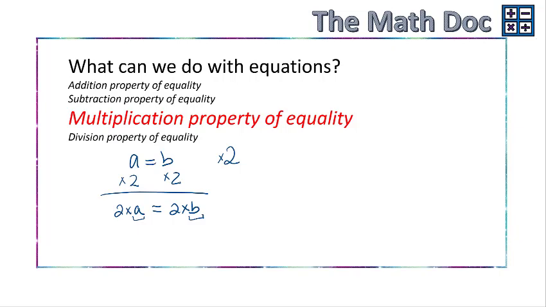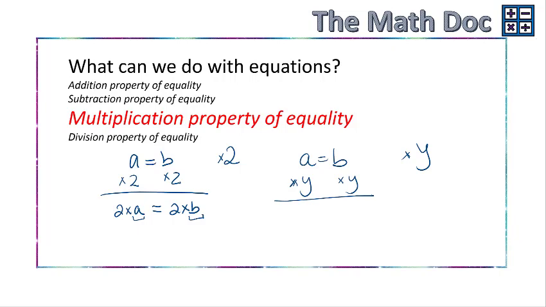We're allowed to multiply, but we have to make sure that we're multiplying both sides of the equality by the same number. Can we multiply by a variable? Well, yes, of course we can. And we can do that right here. A equals B. Now let's multiply by the variable, say, y. So now we have times y, and I'm using y instead of x because I don't want you to get confused with the multiplication symbol.